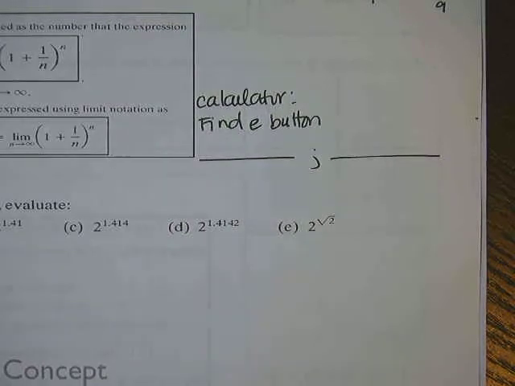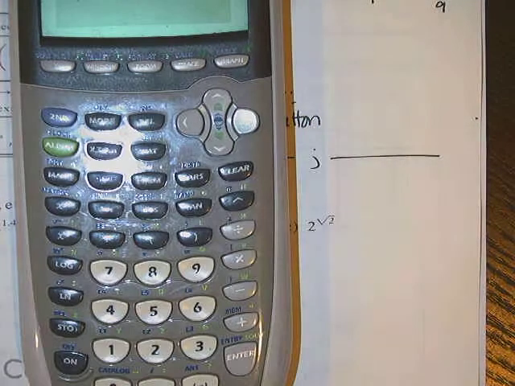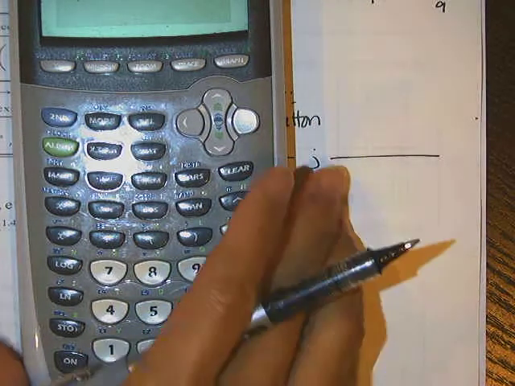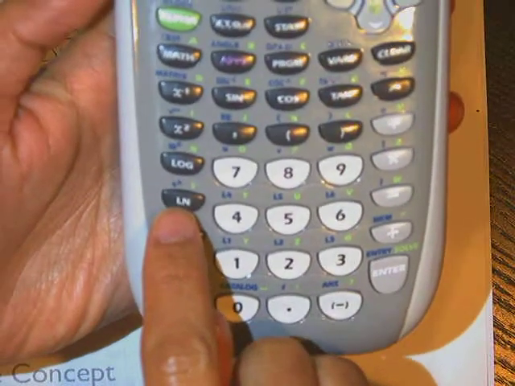Alright, now that I need to go get my calculator, hopefully you have written down where the 2 locations are. If you need extra help, I can point you to the location. The first location is this ln button. Can you see that right there?